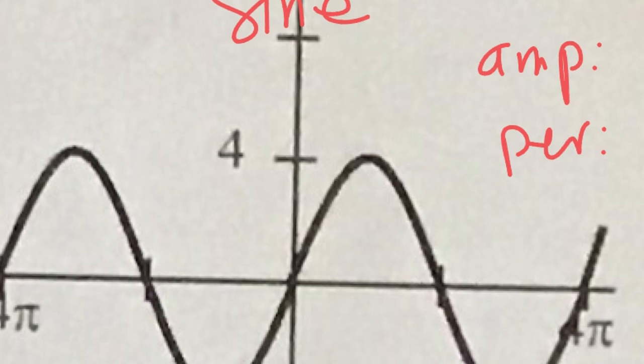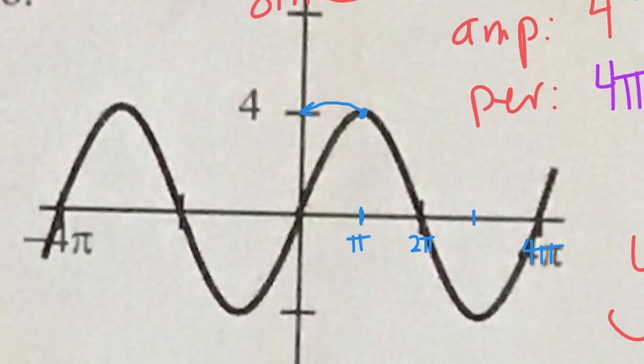So for our cosine, we want to move our maximum value back to the origin where it's supposed to be. So the question is, how far has it been moved? So let's look at what the value of one tick mark is. Okay, so this one says 4 pi. The middle is 2 pi. So this first blue tick mark is going to be pi.